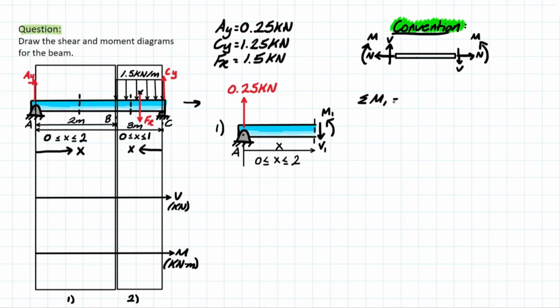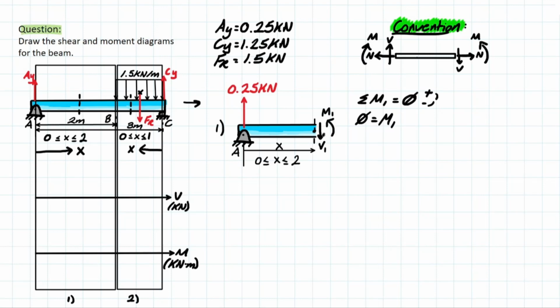We'll solve for M1 equals 0. The M1 notation is just to signify that we're working in section 1. And let's get to solving. Let's see how different this is going to be with an x value. So we have the moment acting in the positive convention, so we have M1 positive. Then we have this reaction here. And we're considering the moment from this point at the end of our cut.